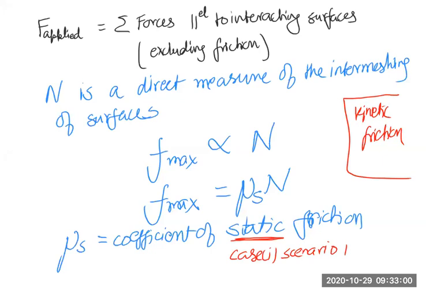Okay, now moving ahead. Please look at the first question that we did. The applied force is up to you. Applied force is not proportional to N. You can push your chair with one finger, or pull it and kick it, it is up to you.